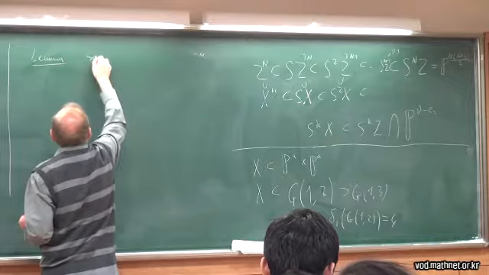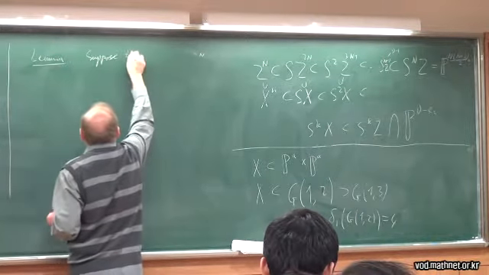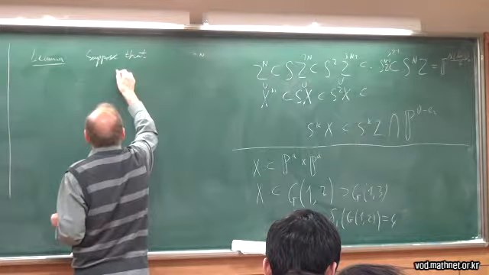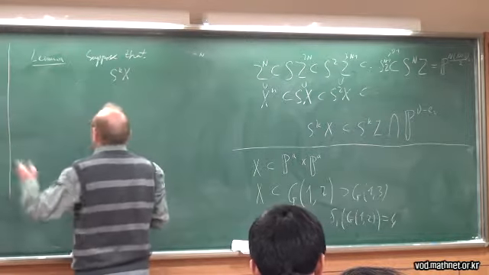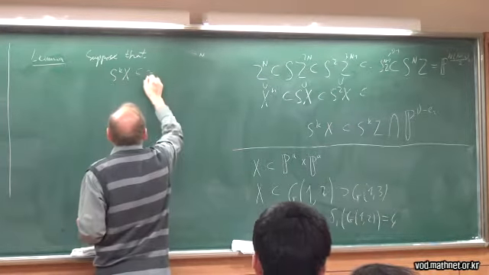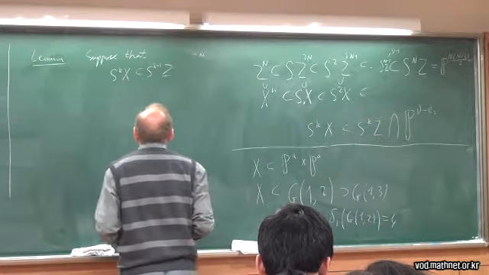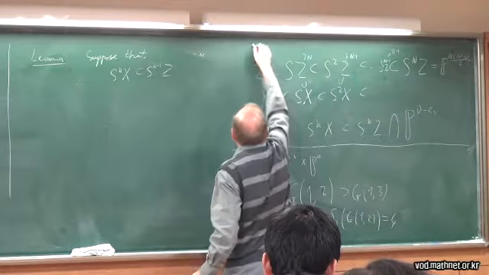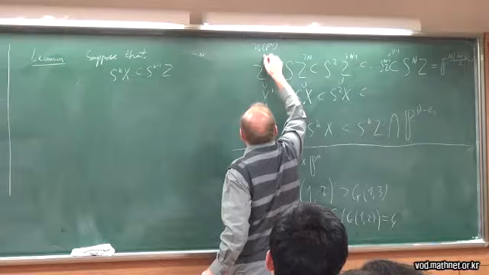Suppose that S_k of X in this notation is contained in the preceding secant variety of Z, where Z is, I recall, the Veronese embedding of the ambient linear space.